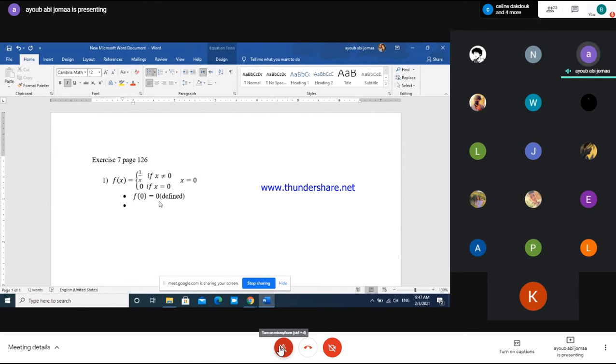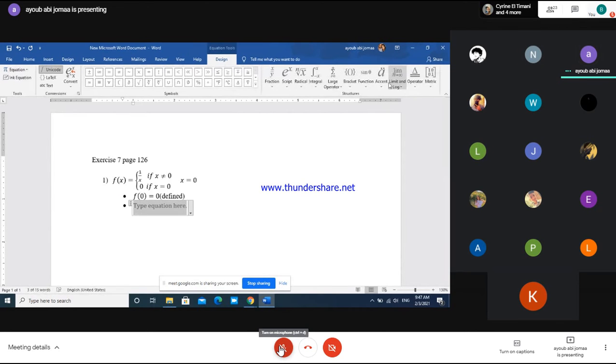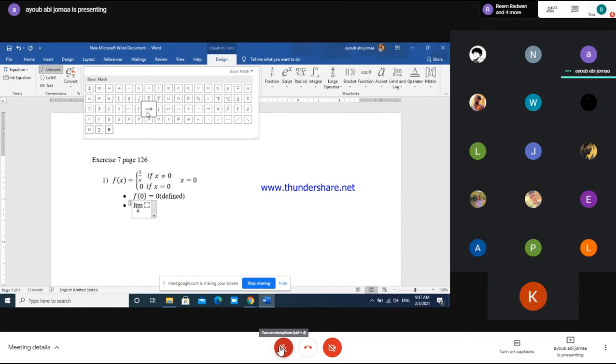Now the second condition, you have to find the limit as x approaches 0. With one remark. Limit as x approaches 0.